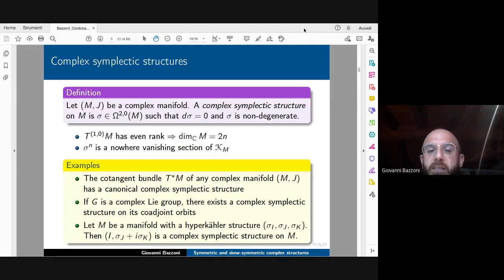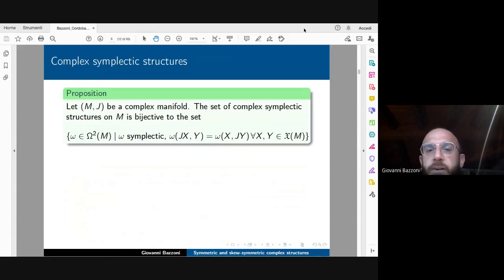And if you fix, for example, complex structure I, and you take the complex 2-form sigma_J plus i sigma_K, which turns out to be holomorphic with respect to I, this is a complex symplectic structure. So although not in a canonical way, every hyperkähler structure induces a complex symplectic structure. Okay, so hyperkähler is a special case of complex symplectic structure. We'll come back to this in a little bit.